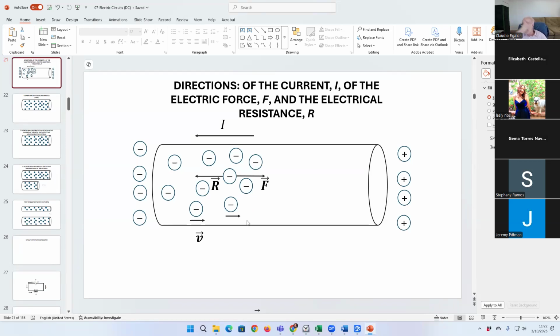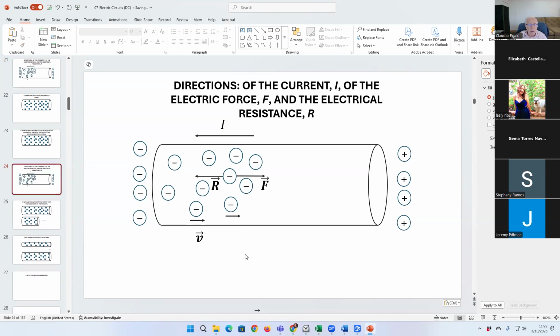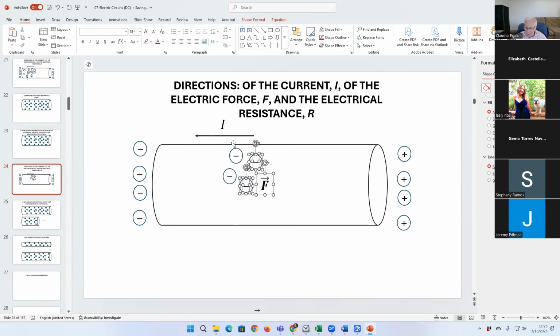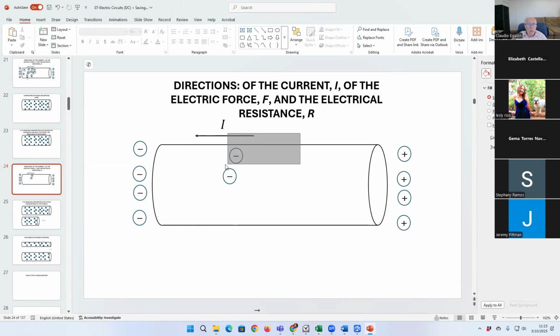If I were to draw the motion of a single electron in this cable, it would be something like that. So here I'm going to get just one electron. Overall, each of those electrons is being attracted, moving to the right.